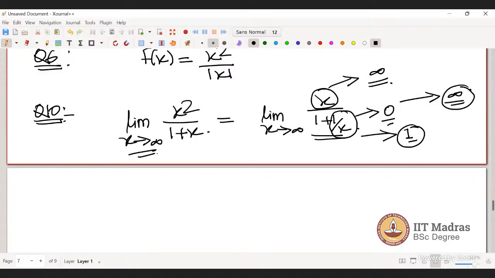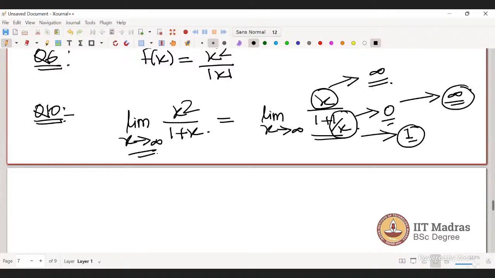Sir, 7.4.2. Second question. Yeah, what is your doubt? The limit of the sequence an.